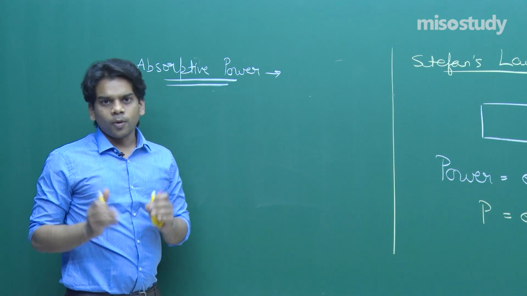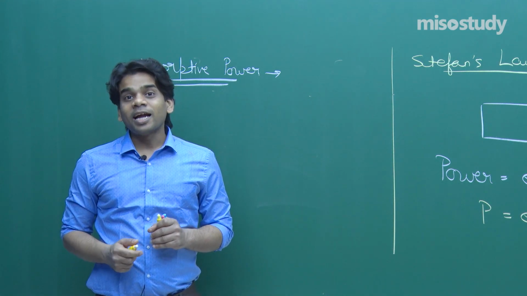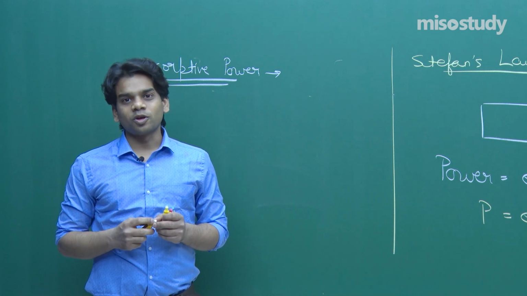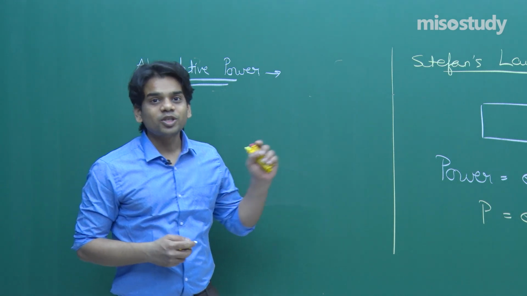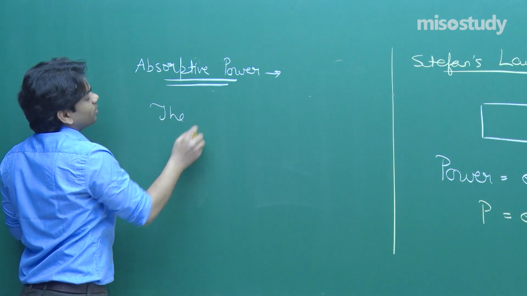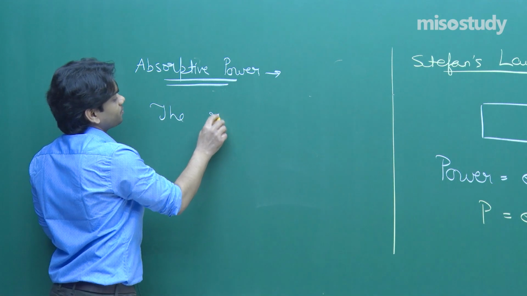Suppose 80 units of radiation are incident on a body, and it absorbs only 60 units of it, and 20 units are not absorbed. So the ratio of the energy absorbed with respect to the energy incident is the absorptive power.